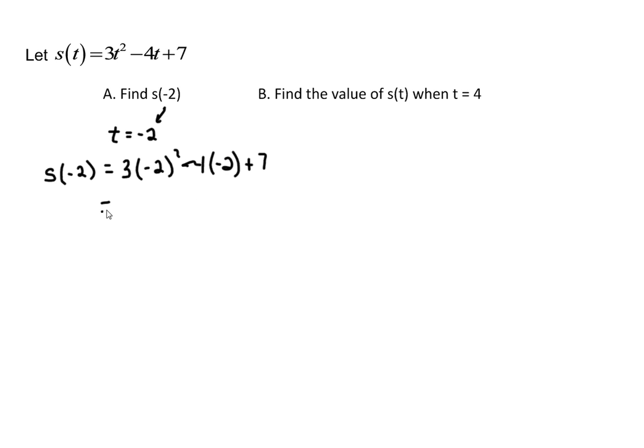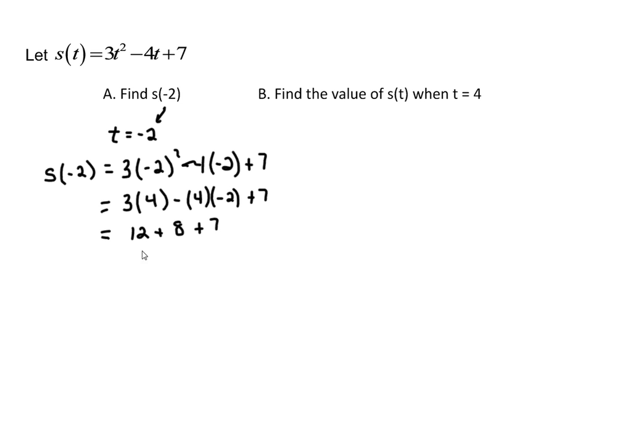Let's do a little bit of work right here. Of course, we evaluate exponents first. 3 times negative 2 squared, that's positive 4. Minus 4 times negative 2. I'm just going with the order of operations, so bear with me. Multiplication comes next, so we can take 3 times 4 to be 12. We take negative 4 times negative 2 to be plus 8, plus 7.